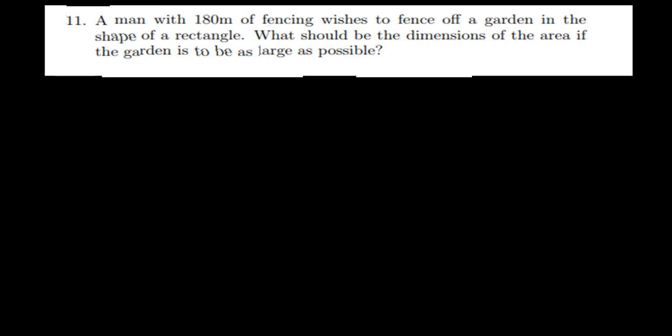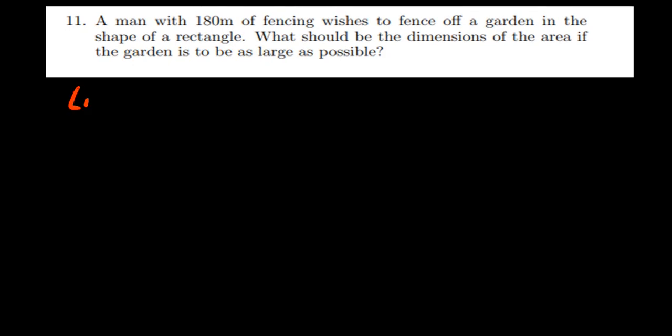Allow me to let the length of the rectangle be L, and the width of this garden, I'll say it's W. Okay, so now let's find the perimeter and the area of this rectangle.